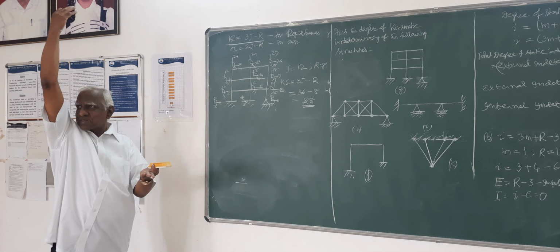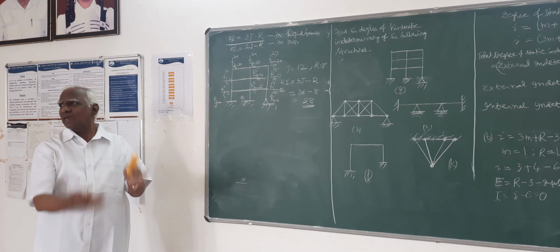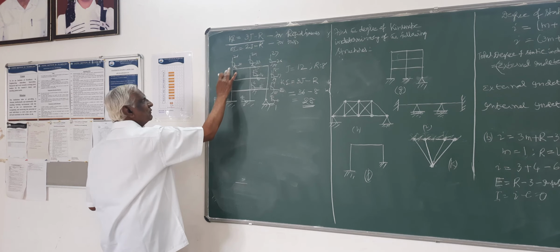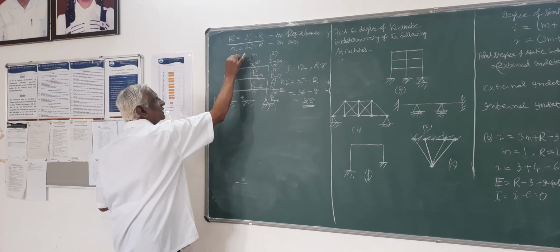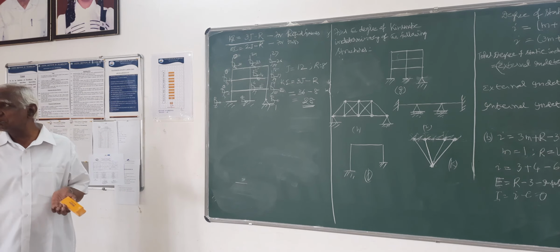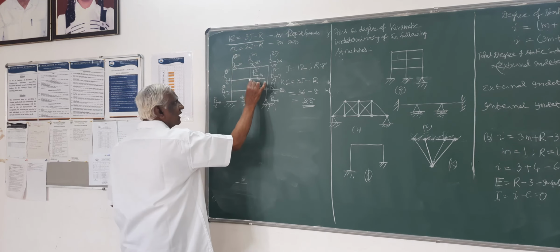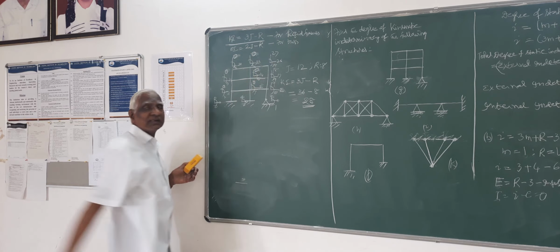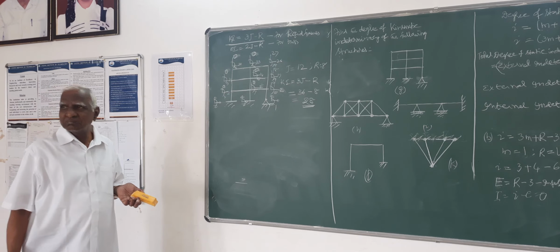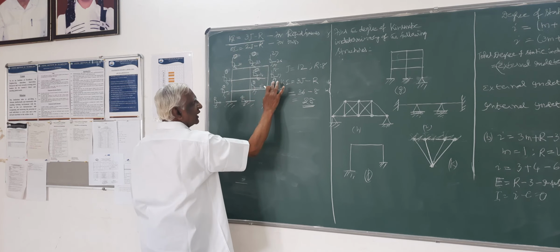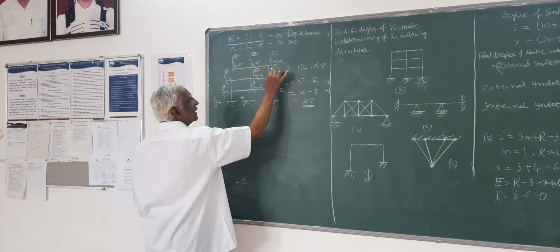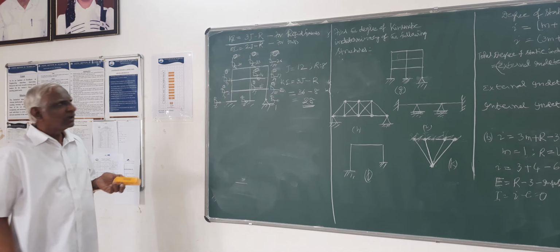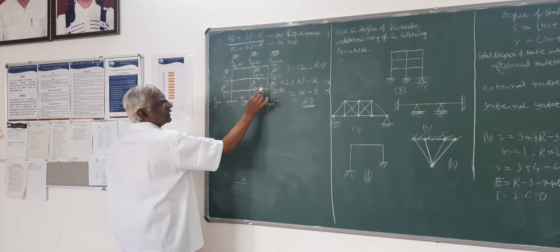So all columns, one above the other, they cannot move. So all these I can make 0. Likewise, all these I can make 0. This also is not there. All these I can make 0. And horizontal, they are the same.